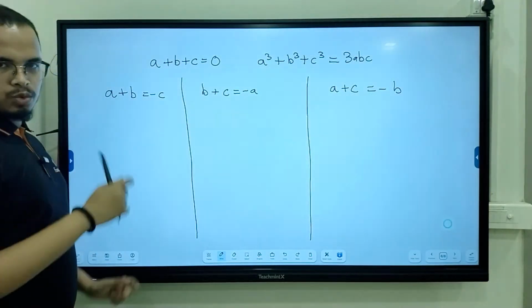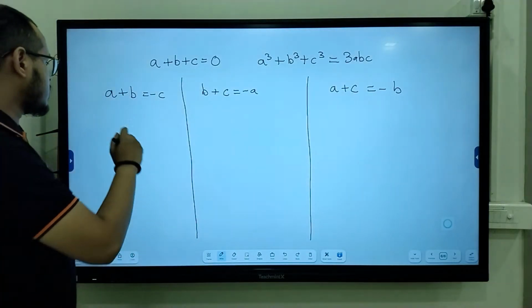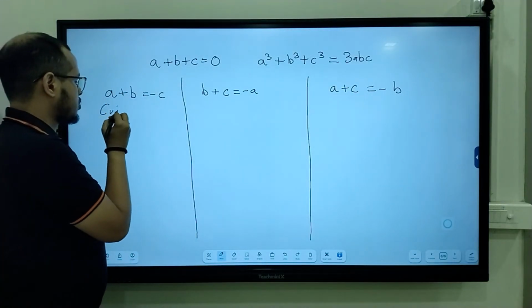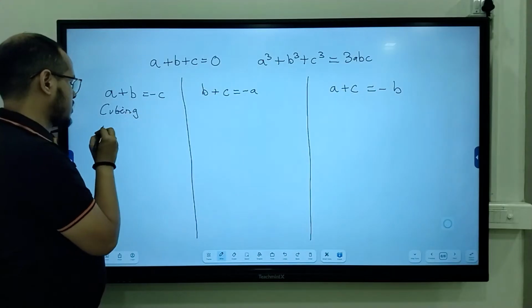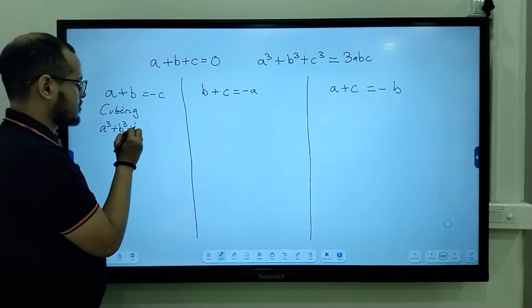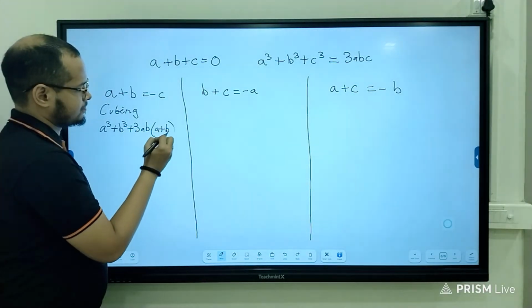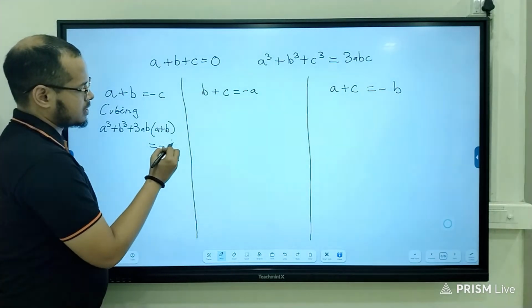So what I'm doing here, now I'm cubing all the three. So cubing, it is going to come a cube plus b cube plus 3ab times a plus b is equal to minus c cube.